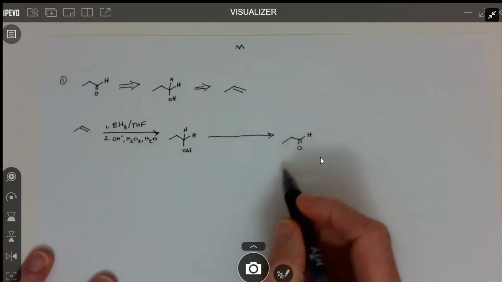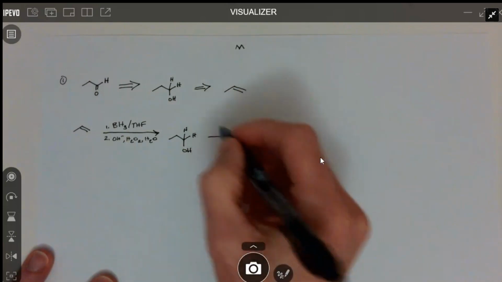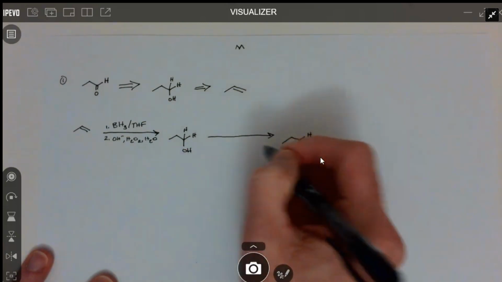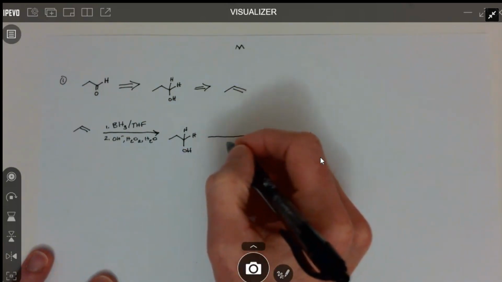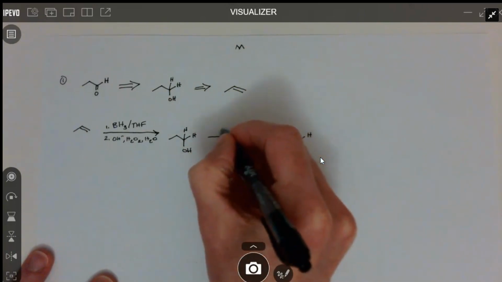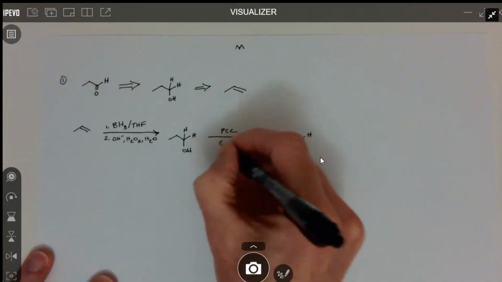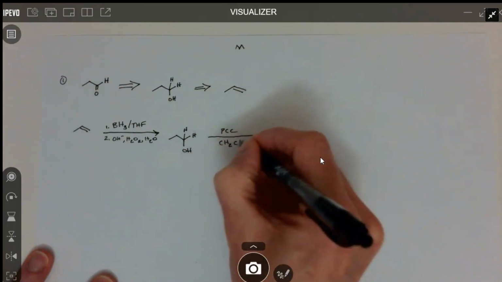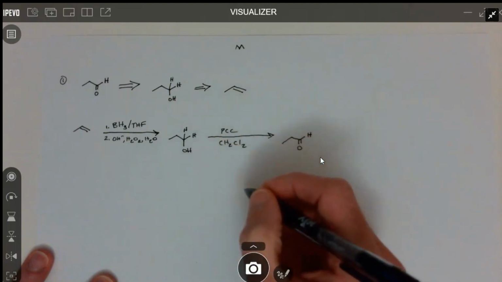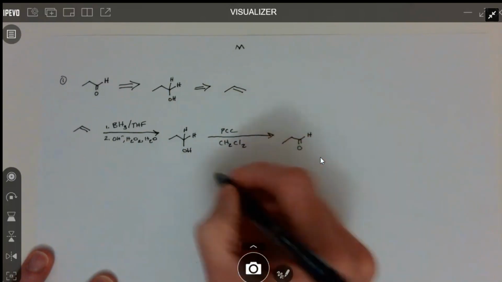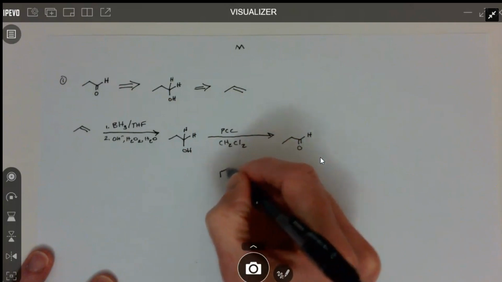And there are different ways to do that. The one that is most commonly learned in organic chemistry class, and basically a reaction you have to memorize, is using pyridinium chlorochromate. Often we just abbreviate that PCC, and that's typically done in a solvent like methylene chloride. For those interested out there, PCC, pyridinium chlorochromate.